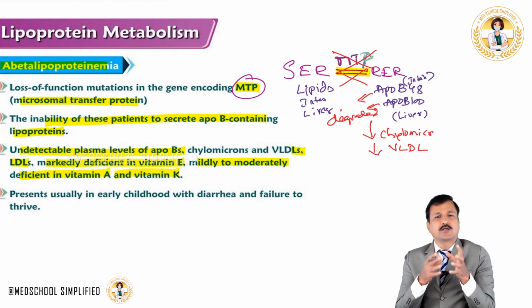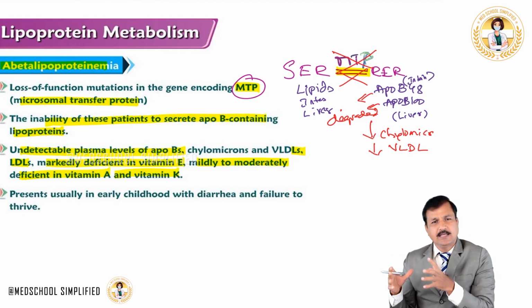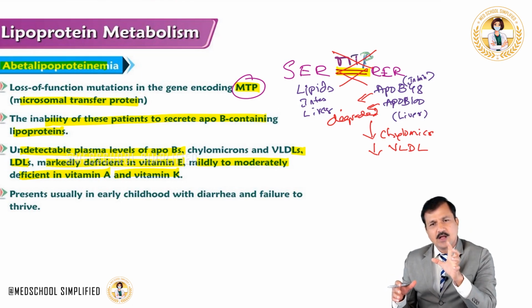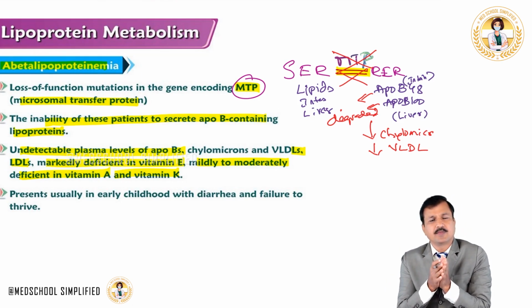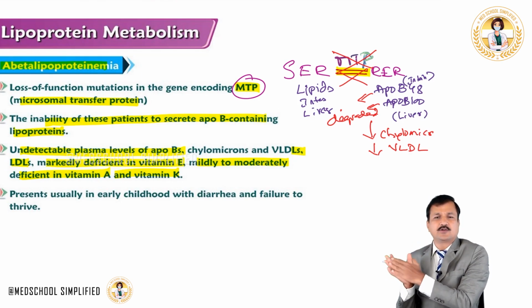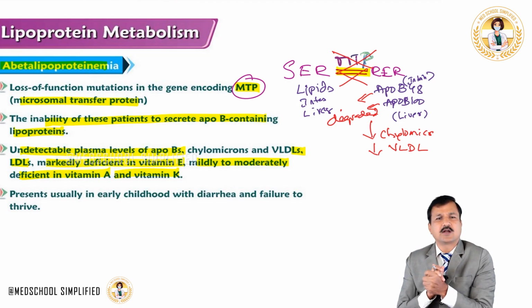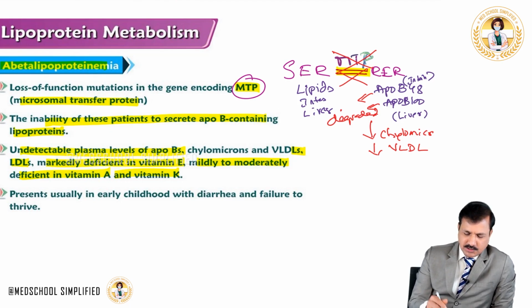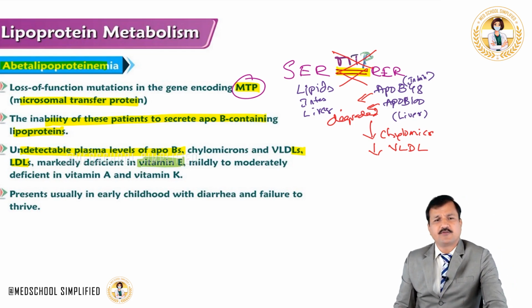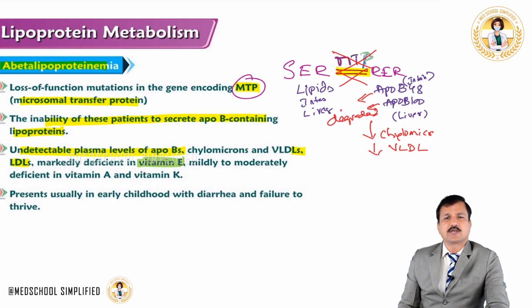And since chylomicrons carry vitamin A, D, E, K from the intestine to the liver, and then the VLDLs carry vitamin E from the liver to the peripheral tissue, when both chylomicrons and VLDLs are affected here, one of the most deficient fat soluble vitamins in A-beta lipoproteinemia is vitamin E. There will be severe deficiency of vitamin E, and mild to moderate deficiency of vitamin A and vitamin K can be seen in this particular disease. Vitamin D deficiency may not be seen because vitamin D is synthesized in the skin.